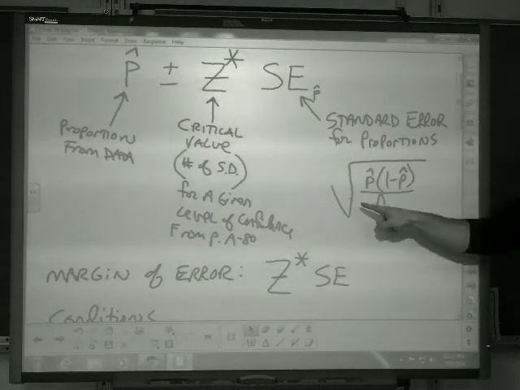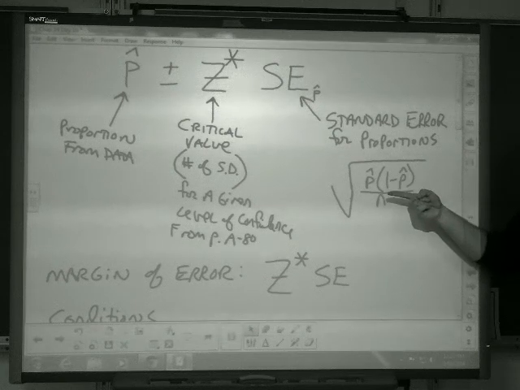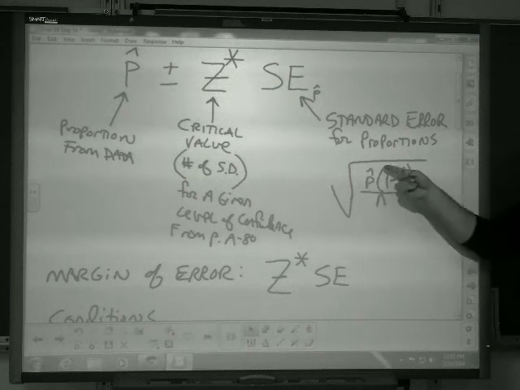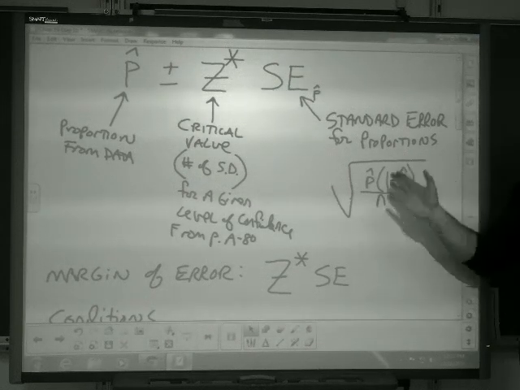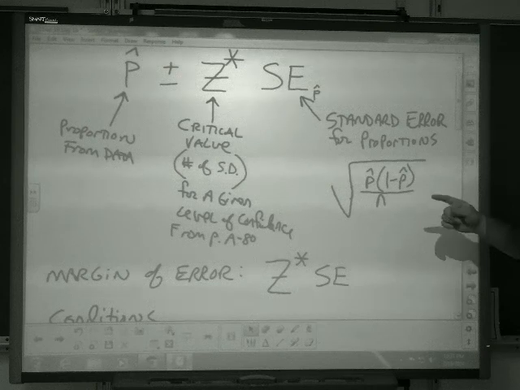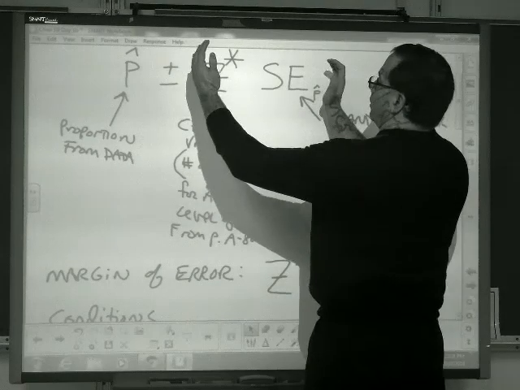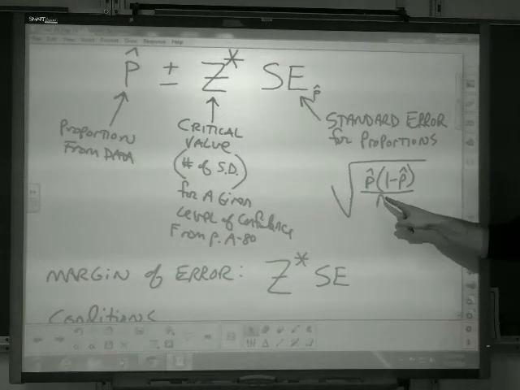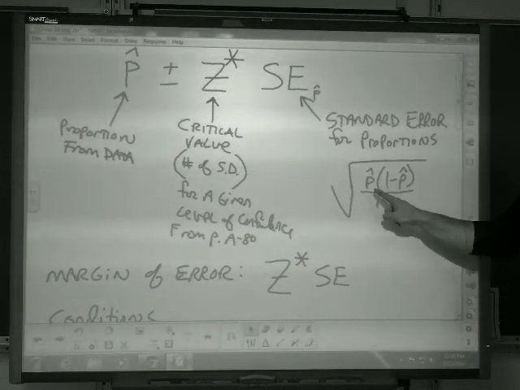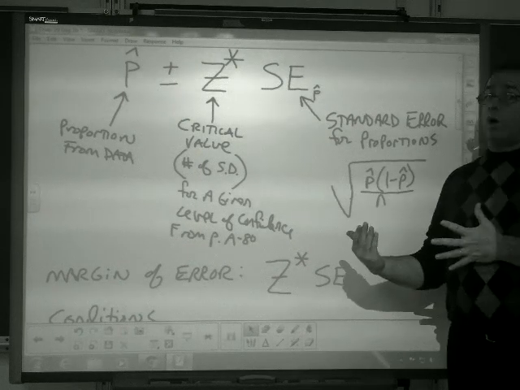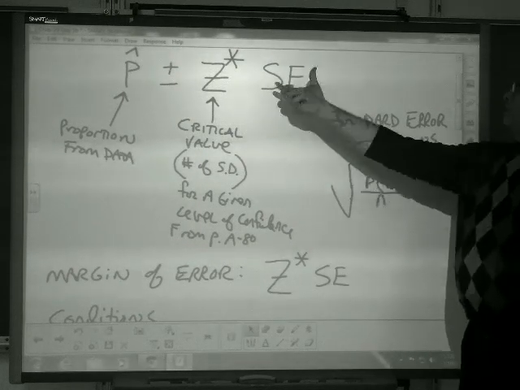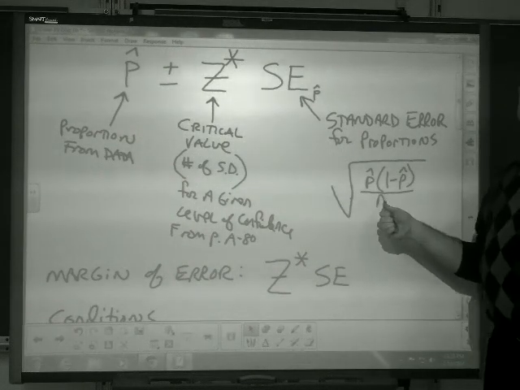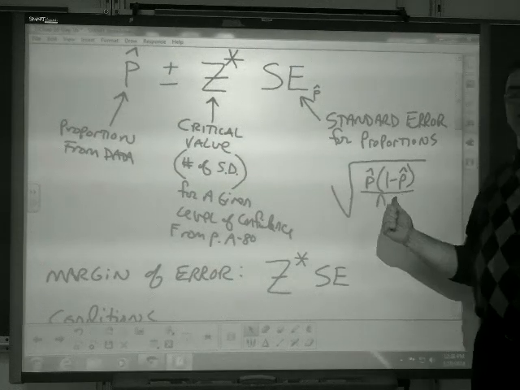Well, remember, it's made up of the square root of a fraction. If I can make this number larger, the fraction becomes smaller. The square root of that fraction then becomes even smaller. So, to make this margin of error shrink without changing this, I can create a smaller standard error by bumping up my sample size. But just like before, if I want to decrease by a factor of 3, I have to ramp up my sample size by a factor of 9 because I'm taking the square root of it.